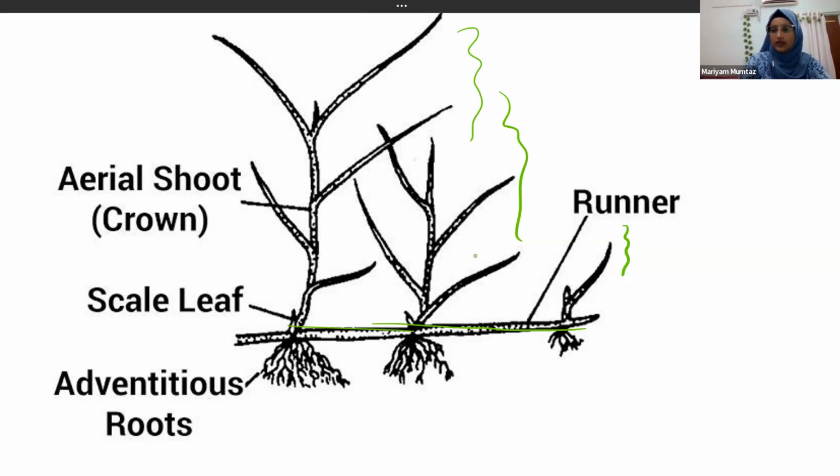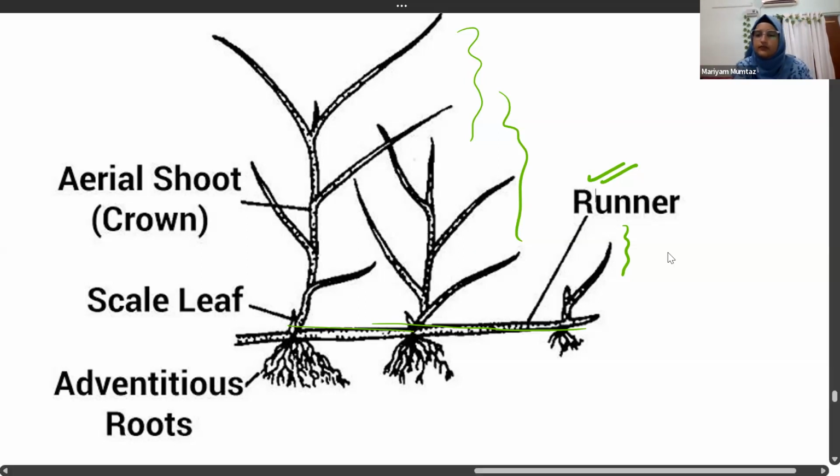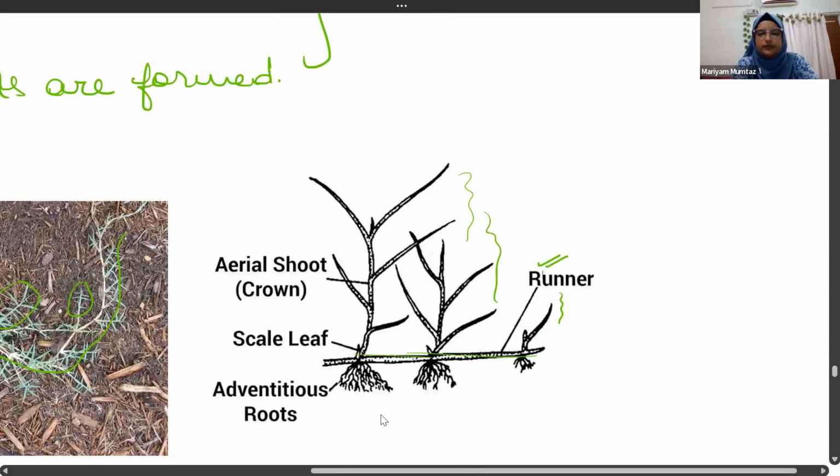It spreads to long distances, and this long structure is known as a runner. And this runner is the underground modification of stem. Clear?